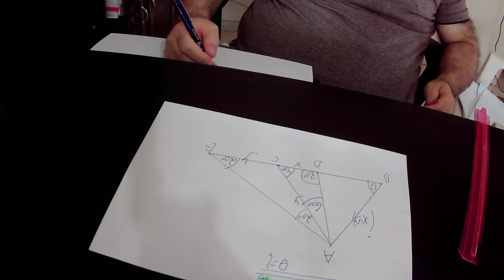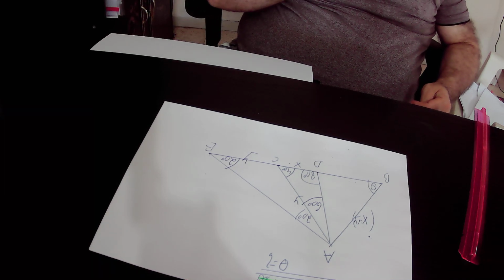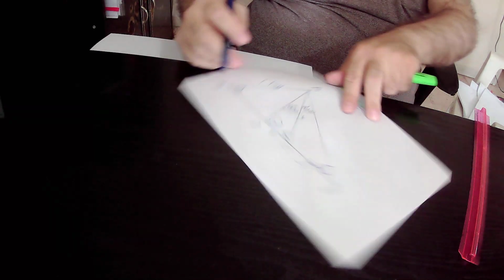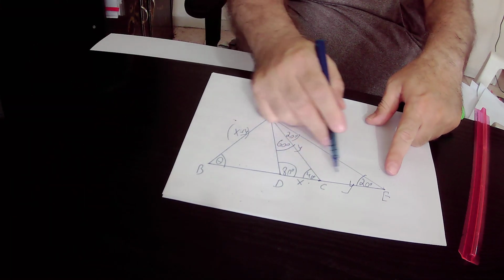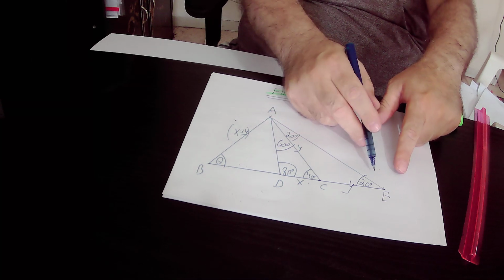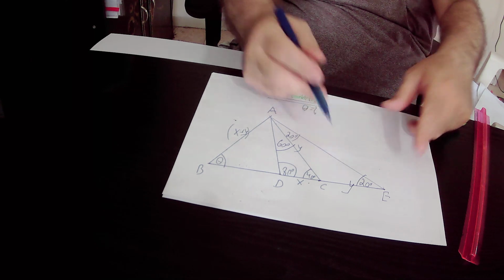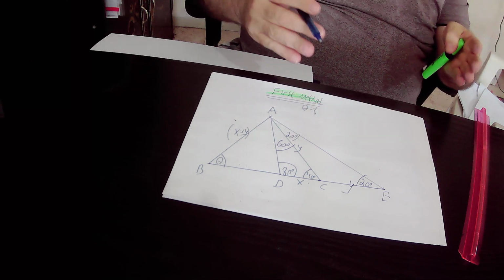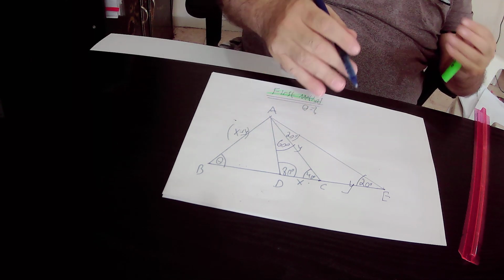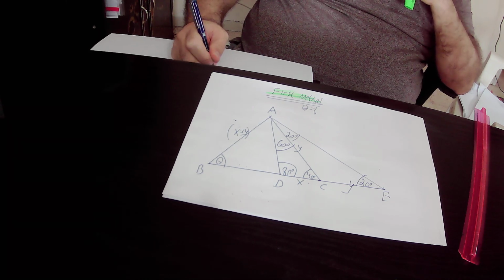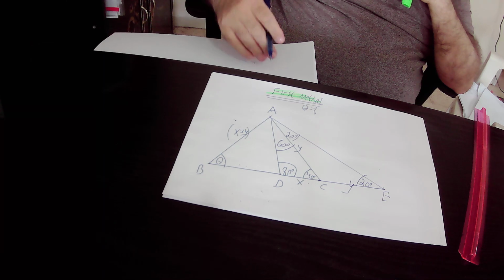And what is the length of side DE? The length of side DE is equal to DC plus CE. That is to say, DE equals DC, that is X, plus CE, that is Y. So in conclusion, DE equals X plus Y.